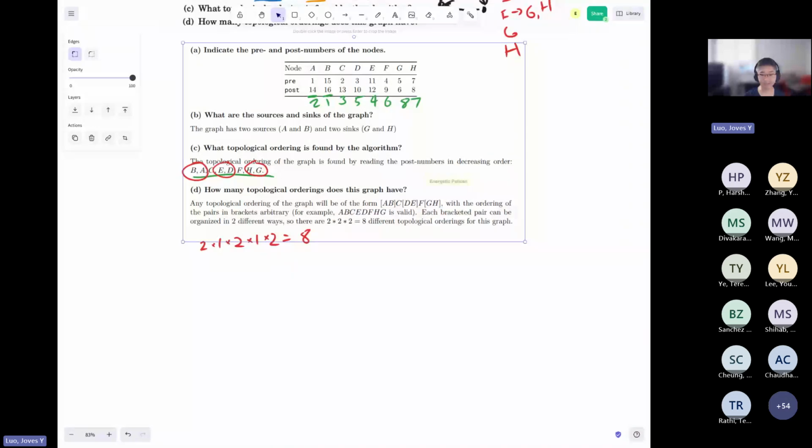So what this is saying is, given how we make a decision on which vertex to pick, what is the topological ordering that would be outputted by this approach? However, this graph has multiple topological orderings. My implementation could do it one way. Your implementation could do it another way. What are all the different ways that this graph could have been topologically sorted is what the question is.